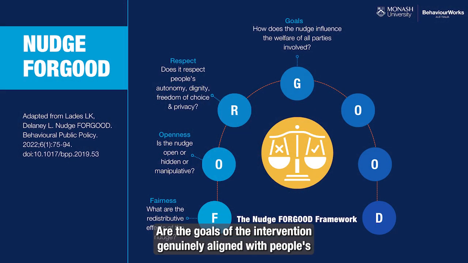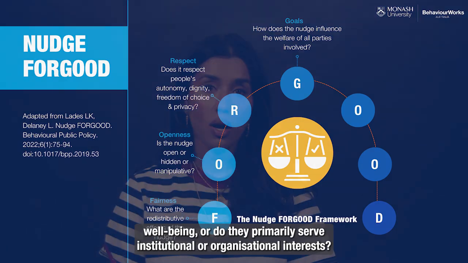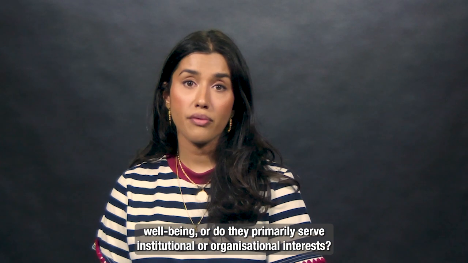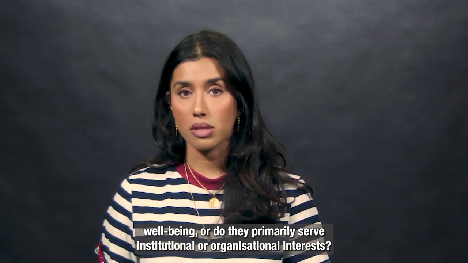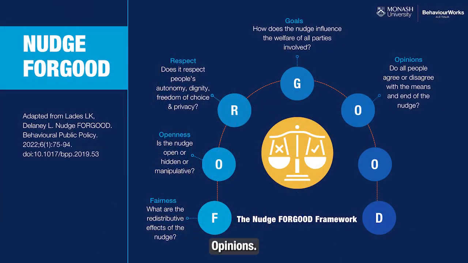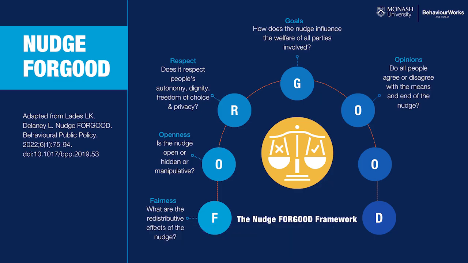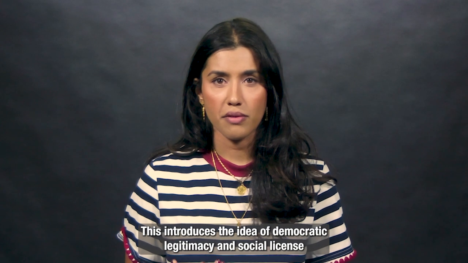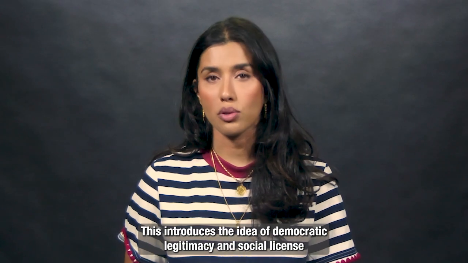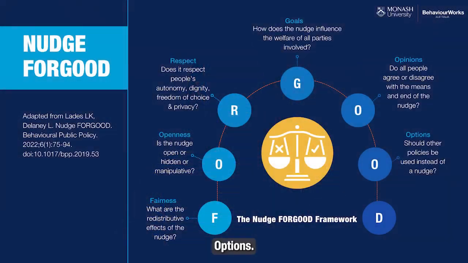Goals. Are the goals of the intervention genuinely aligned with people's well-being, or do they primarily serve institutional or organisational interests? Opinions. Would the target audience support the intervention if they were fully informed? This introduces the idea of democratic legitimacy and social license. Options.